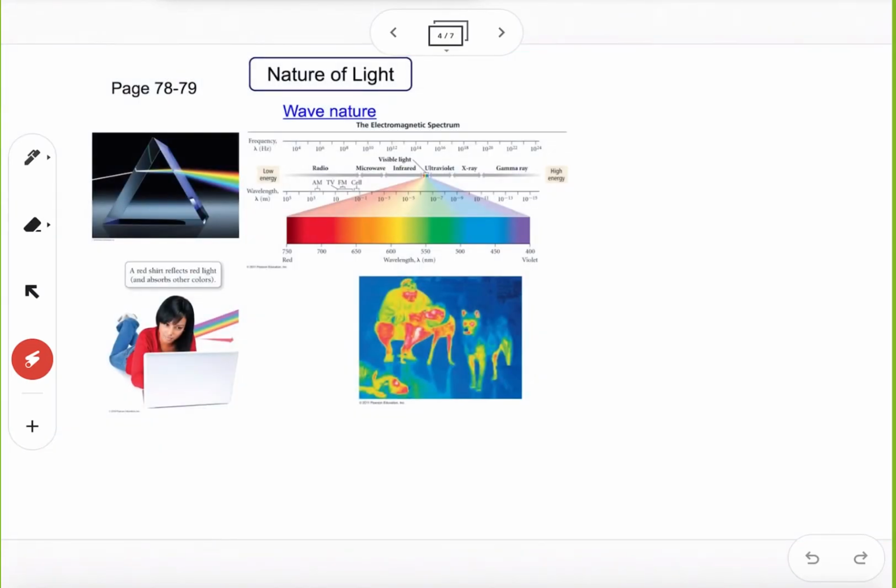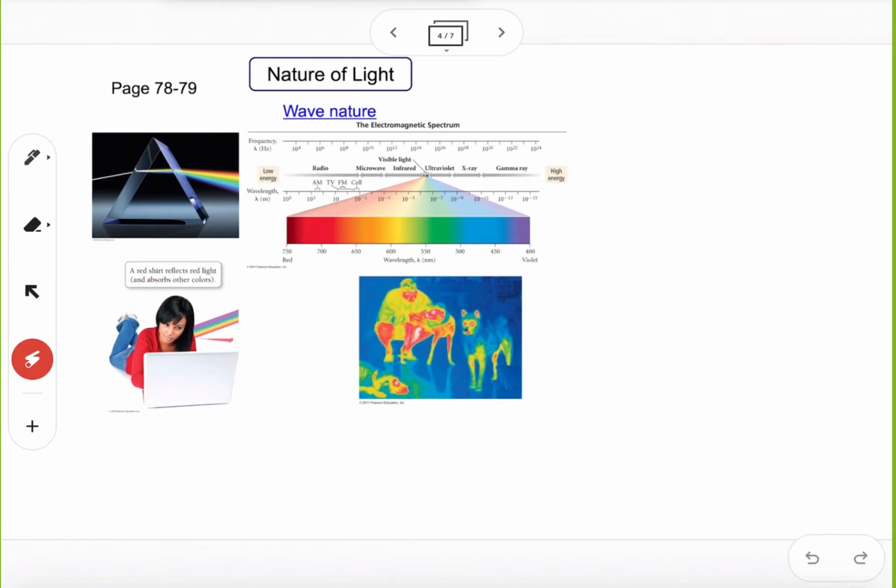This slide shows us more examples about the wave nature of light. Well, you can use a prism lens to split visible light into essentially a rainbow. In this rainbow, okay, visible light, you can see that different colors have different wavelengths. Okay, and this lady is wearing a red shirt.